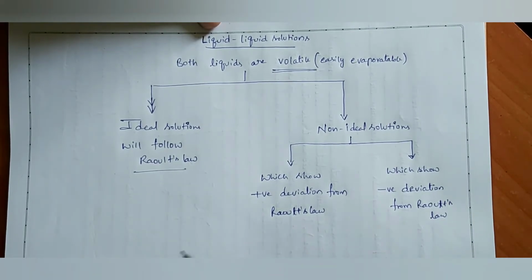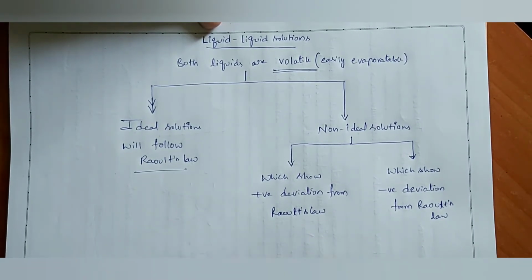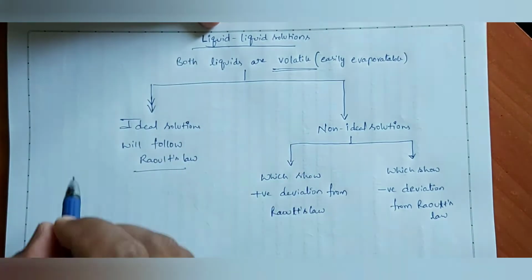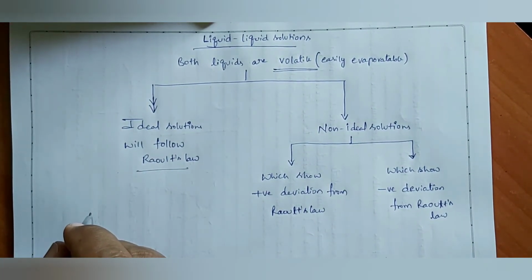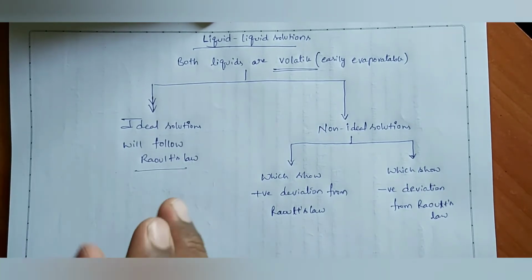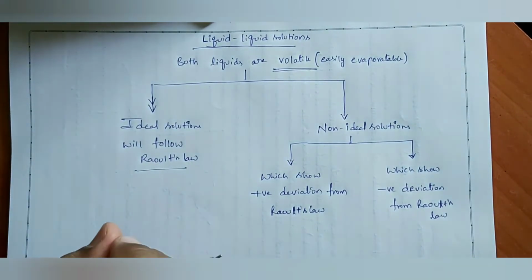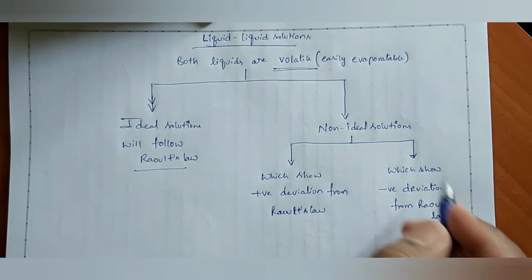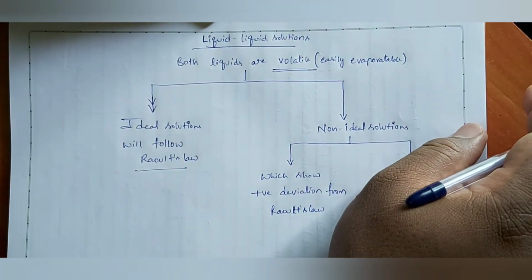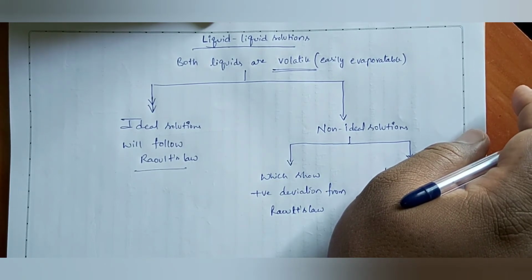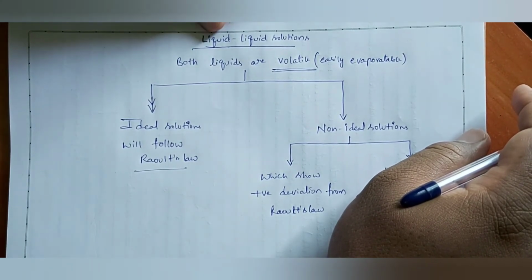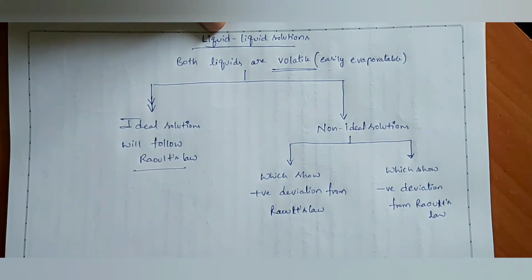All these concepts we are going to study under the heading liquid solutions, our second part in the solutions concept. Is it okay? Before going directly to Raoult's law, these are all related to one main term, that is called vapor pressure.